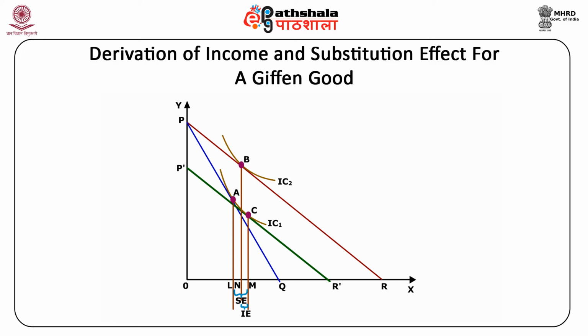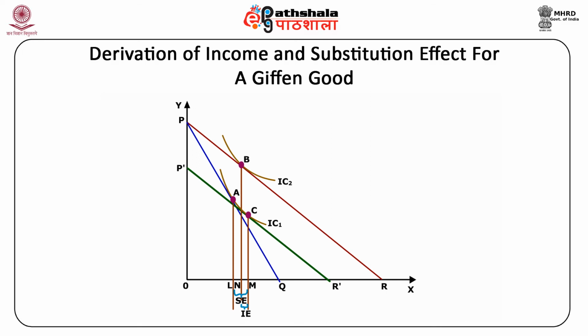It is assumed that X is a Giffen good, and as before ceteris paribus, we consider the case of a fall in the price of good X. The movement from A to C along the indifference curve IC1 shows the substitution effect, and the movement from C to B on a higher indifference curve IC2 shows the income effect of a fall in price of the Giffen good X. In this case, the substitution effect is opposite in sign and smaller in magnitude as compared to the income effect.